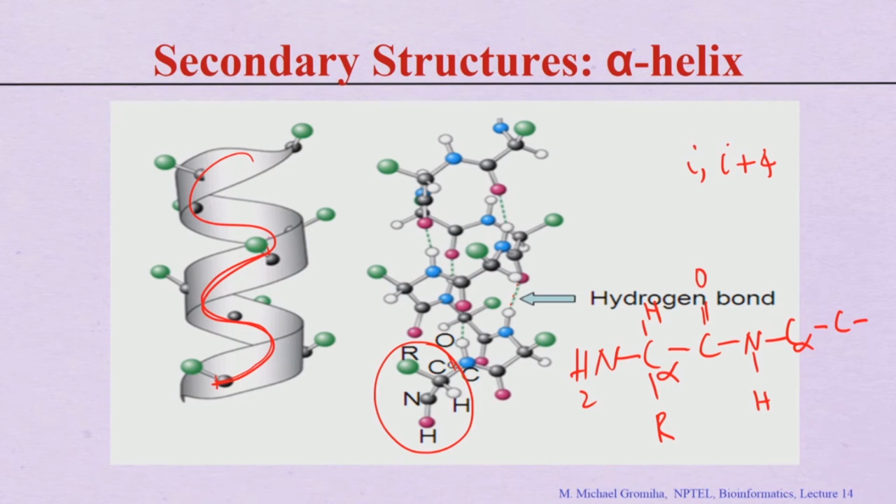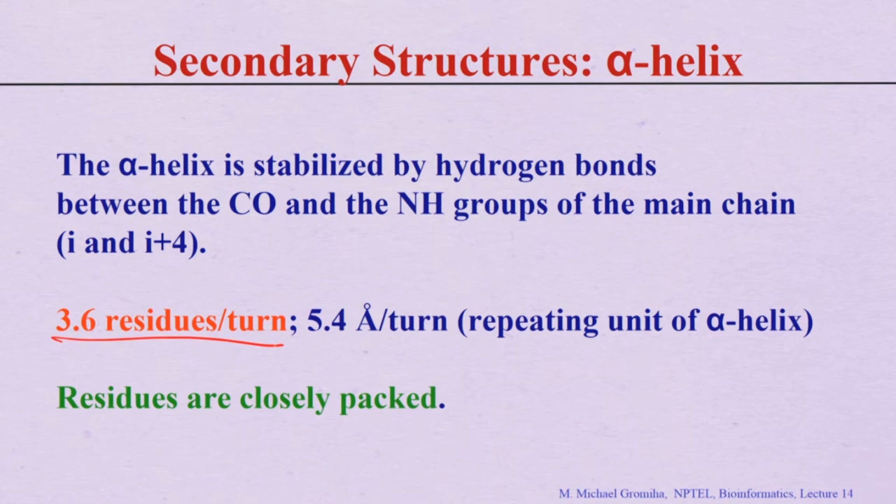So, 3.6 residues per turn, and if you look at this complete turn, you can see this is 5.4 angstrom in one turn, right. Now, with 3.6 residues per turn and 5.4 angstrom per turn, what is the rise per residue? You can calculate 5.4 divided by 3.6, which equals 1.5 angstrom, right.